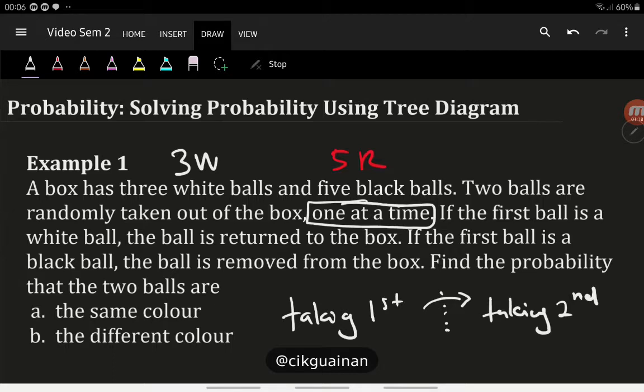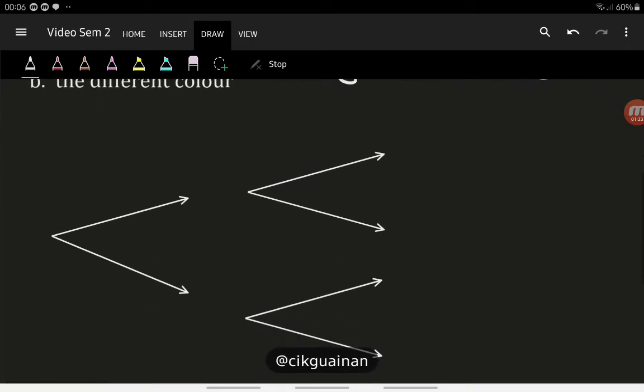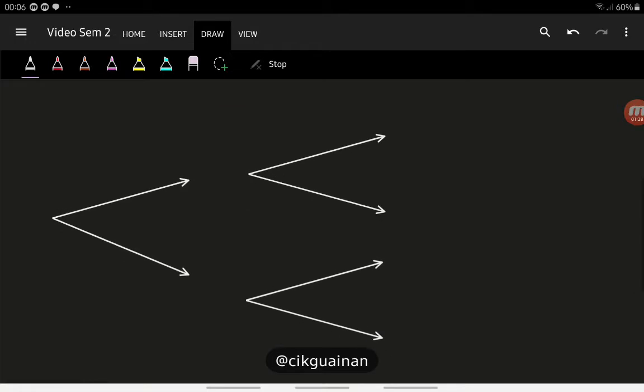In order to do this, I will form a tree diagram such as this one. I copy paste this one, the arrow just like this, and don't worry, I will explain what's going on. So this is the first process, we take the first ball. From the box we have 3 whites, so the outcomes are white or black.